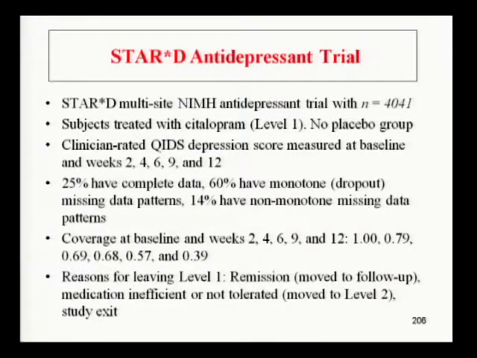Usually, remission is defined as falling below a certain level on the depression score. In this case, I think it was 5. They can be moved to level 2 if the medication is inefficient or not tolerated. Level 2 means that they get put on another antidepressant. But they also disappear from the study. And then there are the people who disappear from the study for unknown reasons.